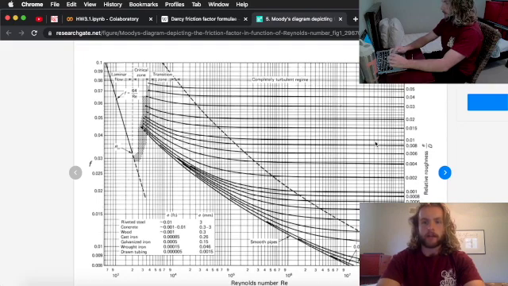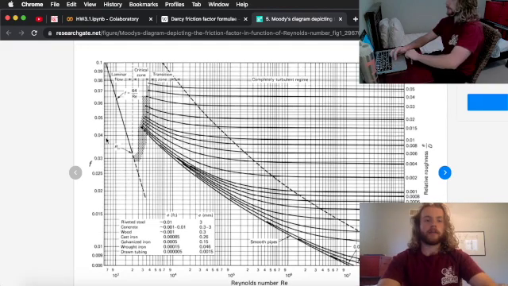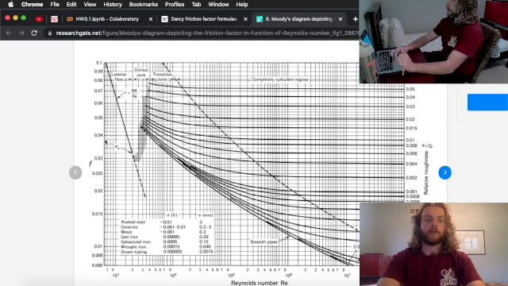So if we track this down, 0.01 and then 1 million, that is going to give us a friction factor of about 0.038 over here. And this would be if it was using the Darcy friction factor, but since we are going to be using the Fanning friction factor, it's going to be about 1/4 of that.